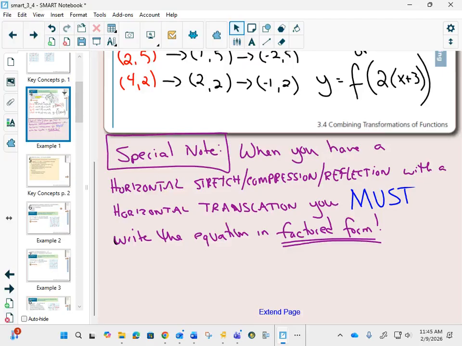Vertical stuff, this never comes up as a problem. Horizontal, it comes up as a problem.